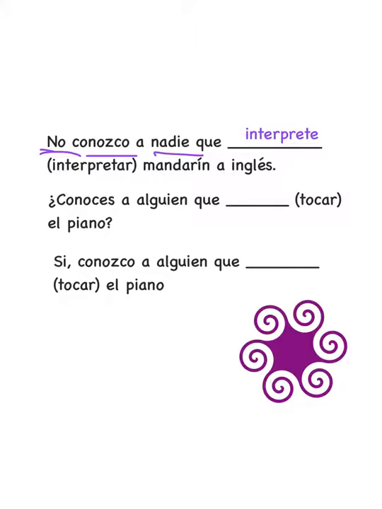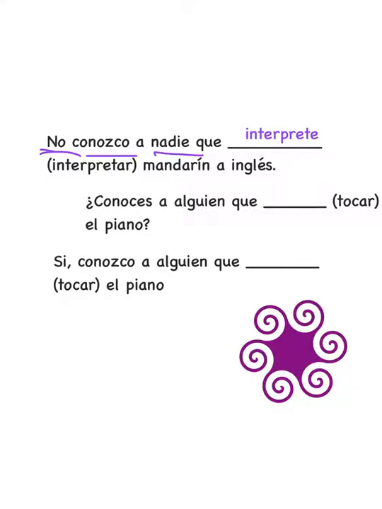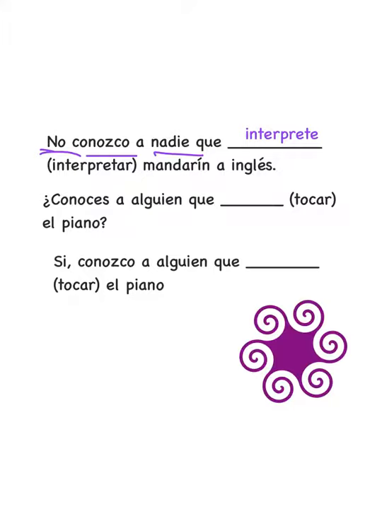Okay, what about the second question? ¿Conoces a alguien que tocar el piano? Okay, do you know someone who plays the piano? Okay, well, first, it is a question. And second, we have the verb conoces.